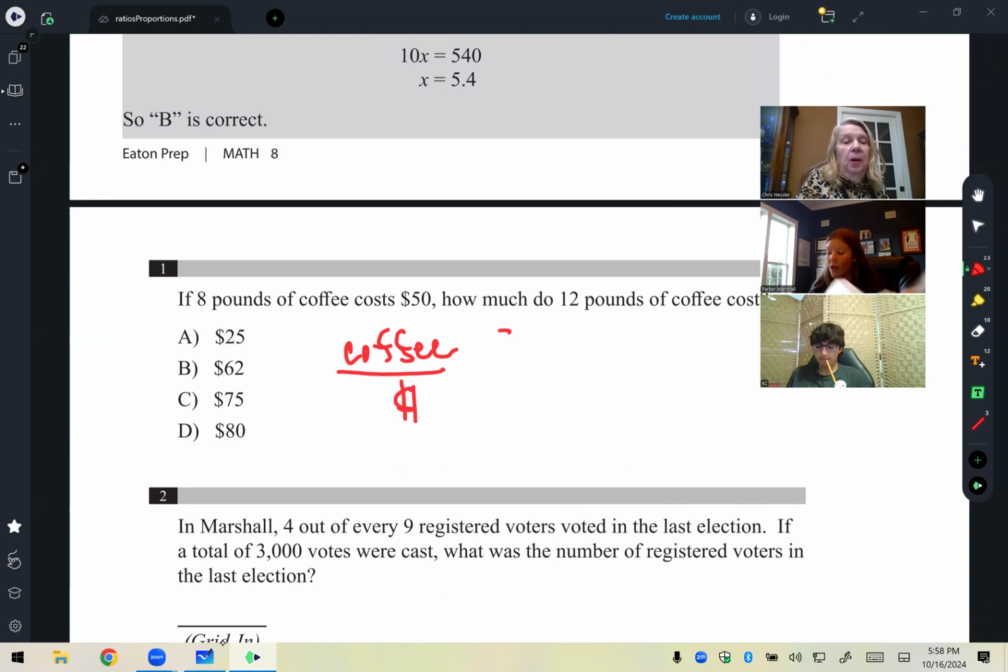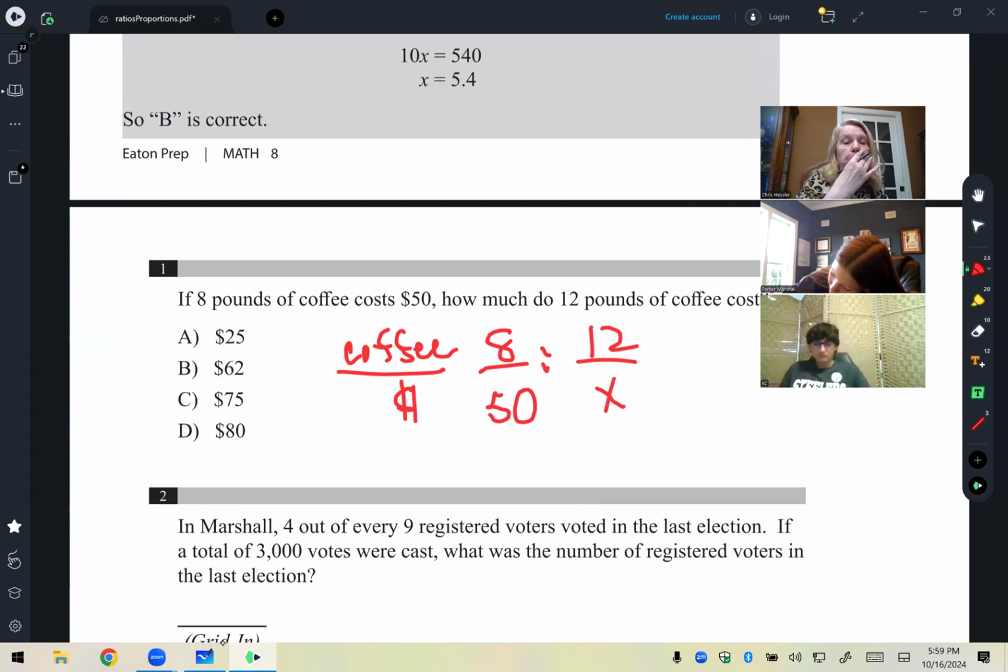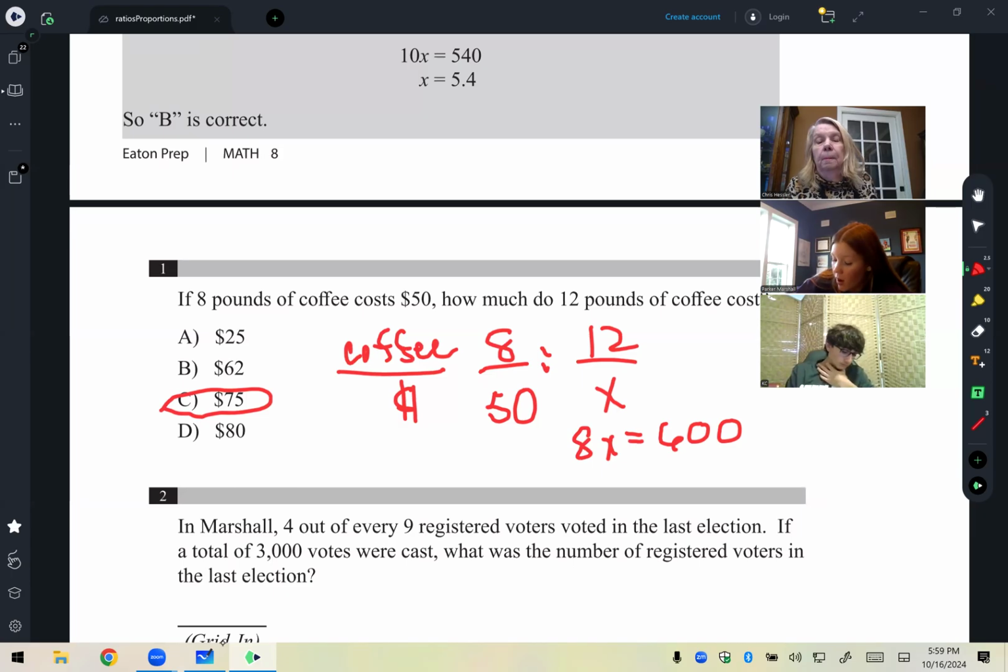So if we have 8 pounds of coffee, and then we have it all set up, we just have to put 12 pounds as we don't know. And then we just cross multiply. And it's going to be $75. So that's okay? Good.